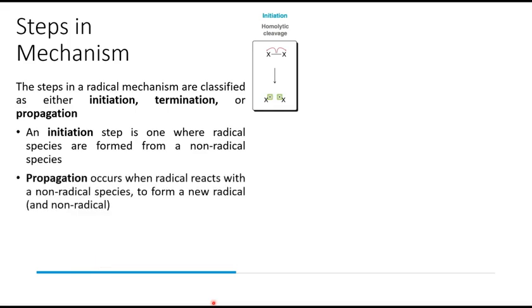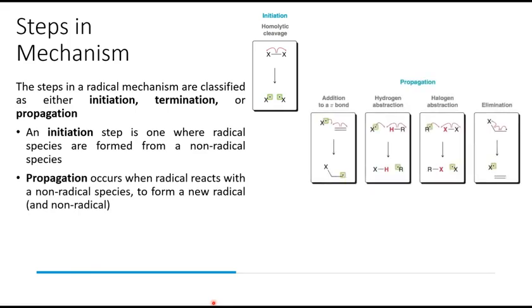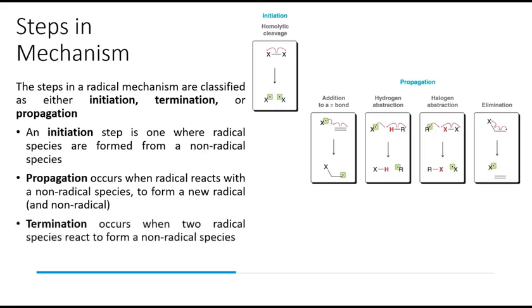Propagation occurs when a radical reacts with a non-radical species to form a new radical and non-radical. Propagation steps include addition to a pi bond, hydrogen abstraction, halogen abstraction, and elimination. Termination occurs when 2 radical species react to form a non-radical species. We saw that with coupling.